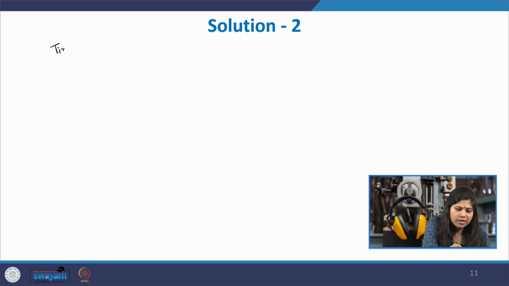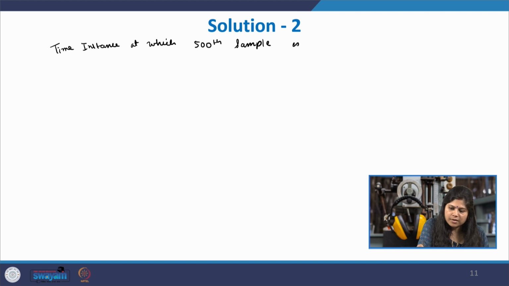So, the time instance at which the 500th sample is recorded is simply T500, which should be 500 minus 1 times del t.